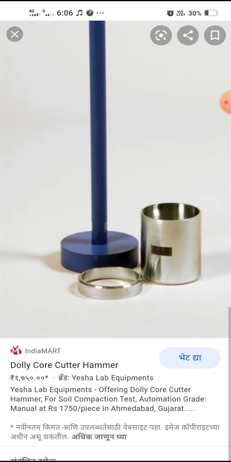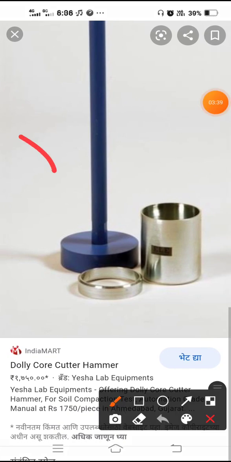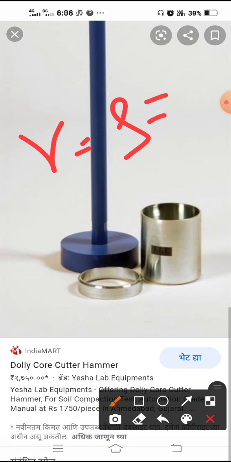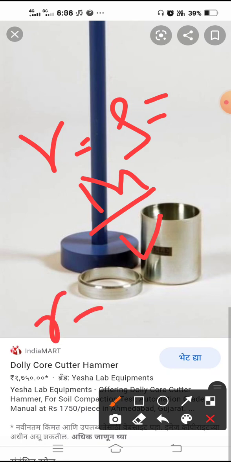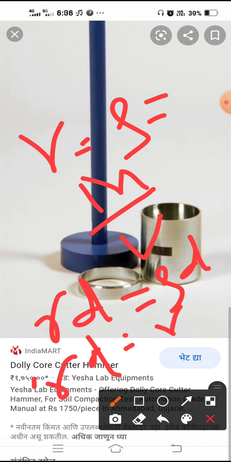Here I am using the symbol gamma or rho for bulk density, whose formula is mass per unit volume, and dry density, that is gamma d, or you can call it rho d. The relation between them is gamma d equal to gamma upon 1 plus W, where W is the water content.